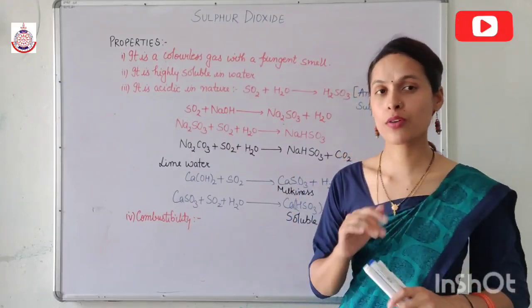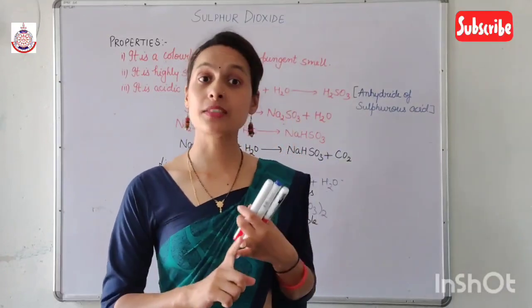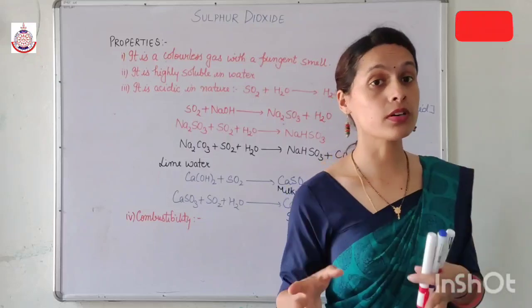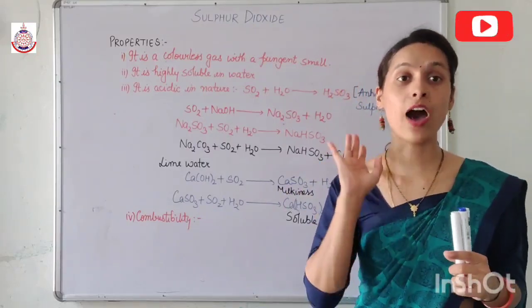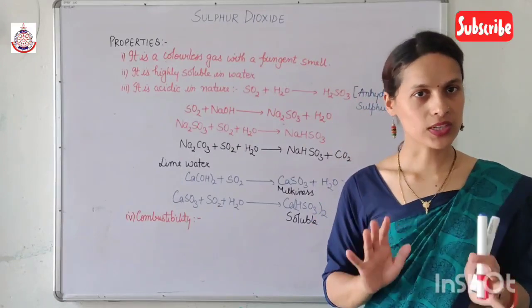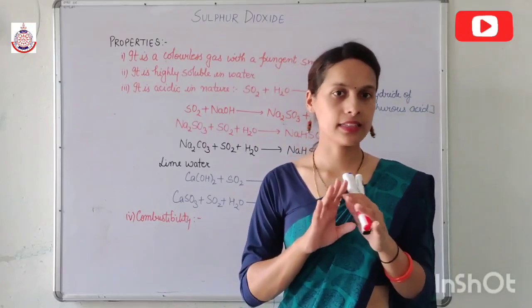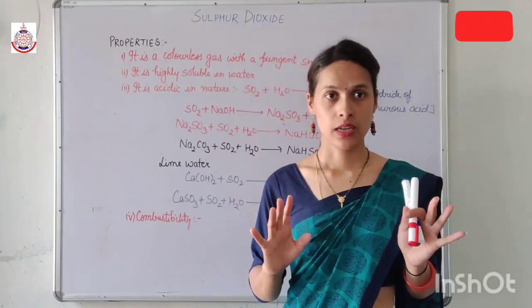But some elements like heated carbon, heated magnesium, and heated potassium keep on burning in the presence of sulfur dioxide. Now the question is how? Is the question clear to you or not?